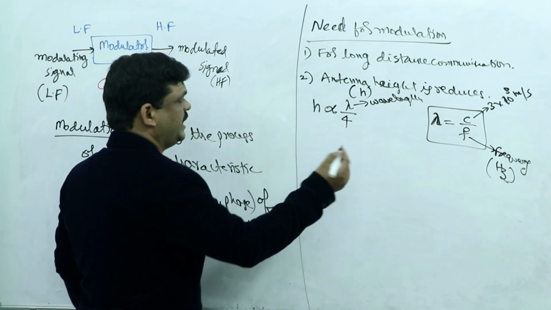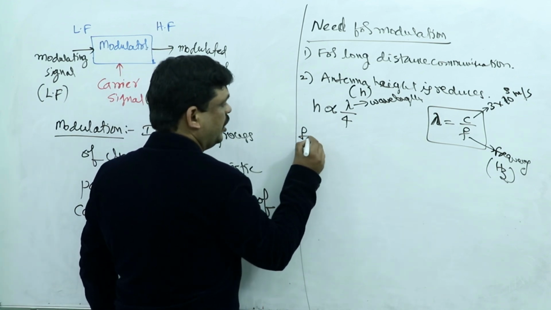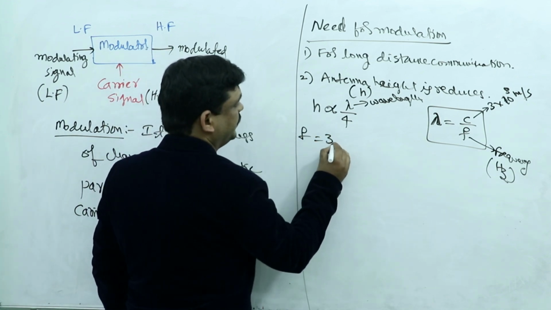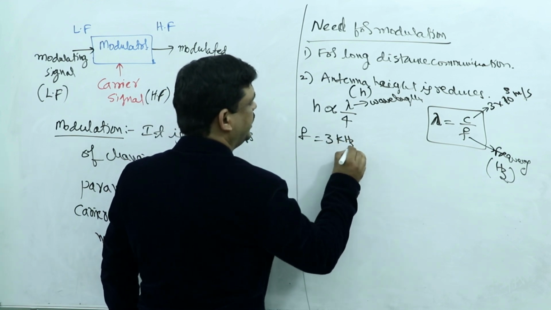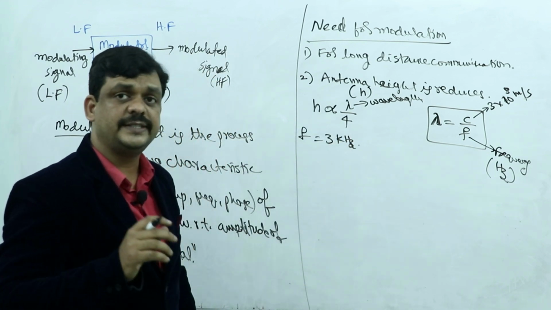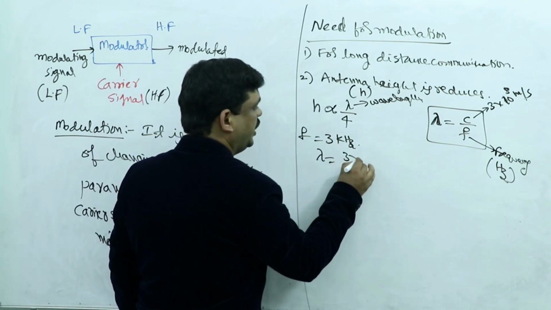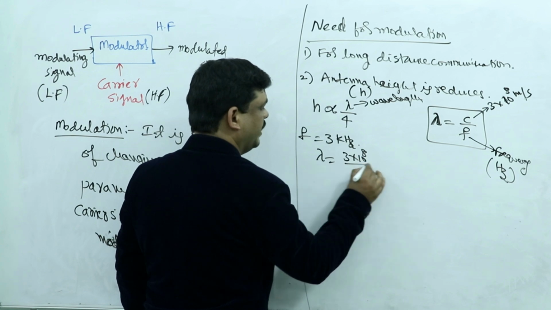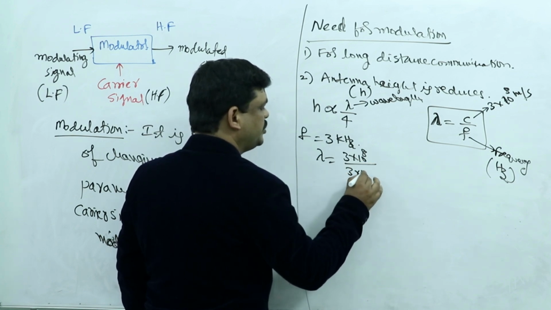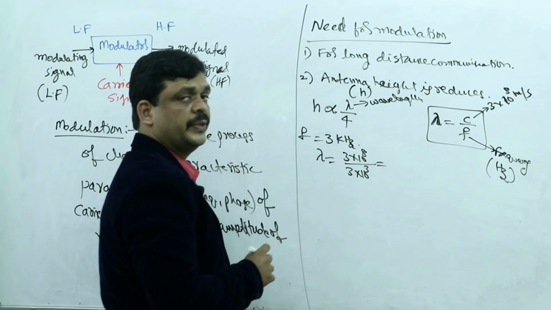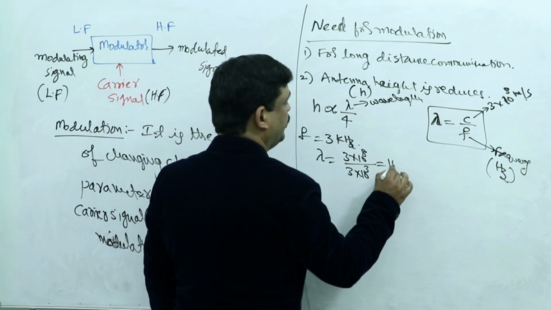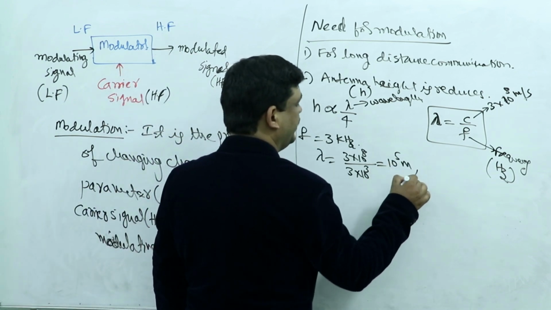For easy understanding, now I am taking one frequency of 3 kilohertz. Let us take the frequency of the signal as 3 kilohertz. Then the lambda value is how much now? 3 into 10 to the power of 8 by 3 into kilo, which is 10 to the power of 3. Now it becomes how much here? 10 to the power of 5 meters.